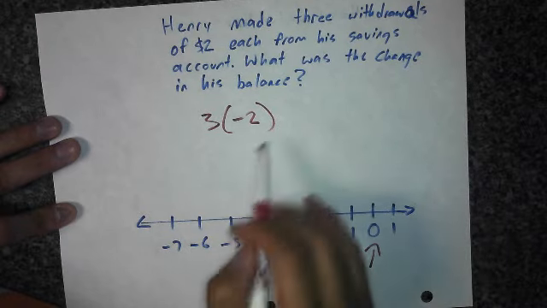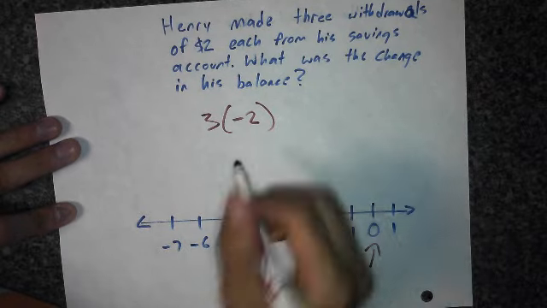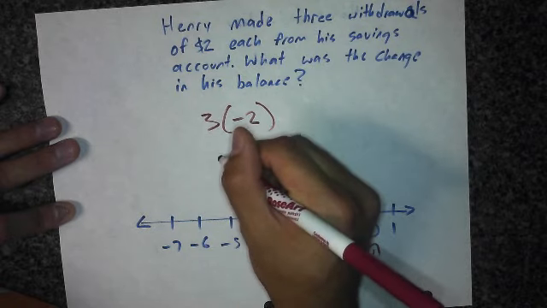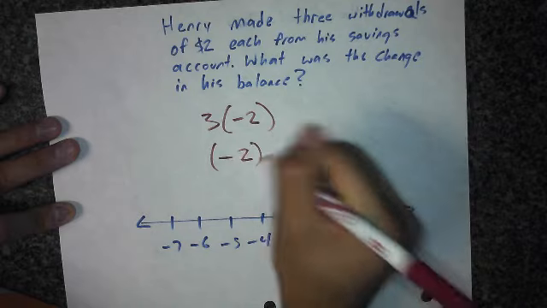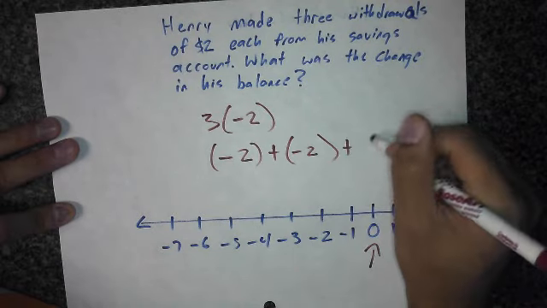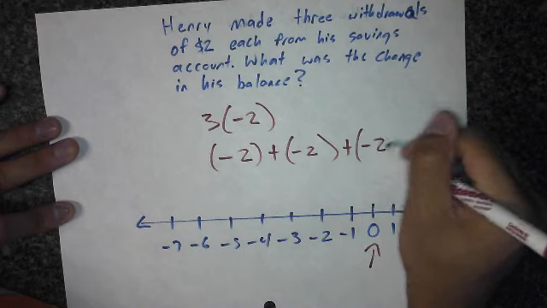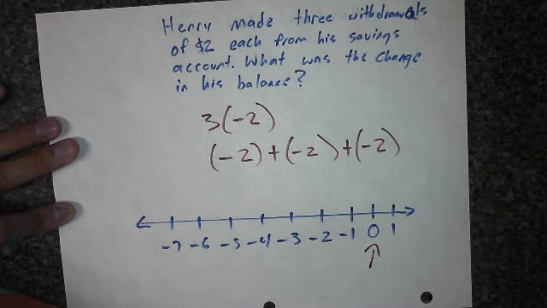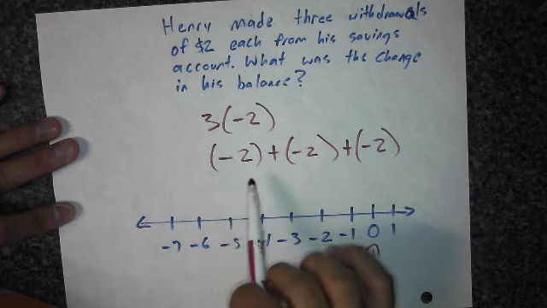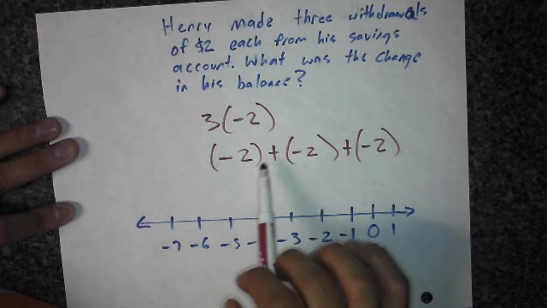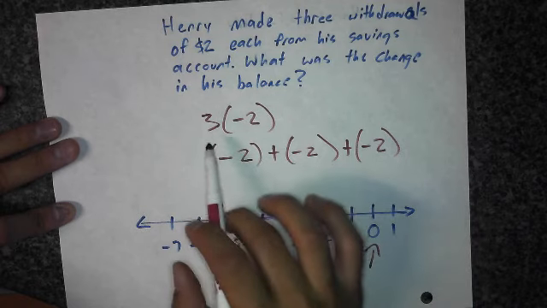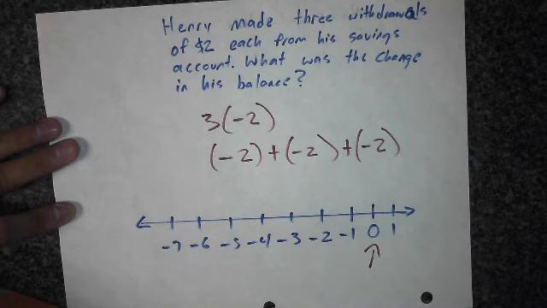Another way I can represent this is with an addition problem: negative 2 plus negative 2 plus negative 2. That's another way of saying 3 times negative 2.